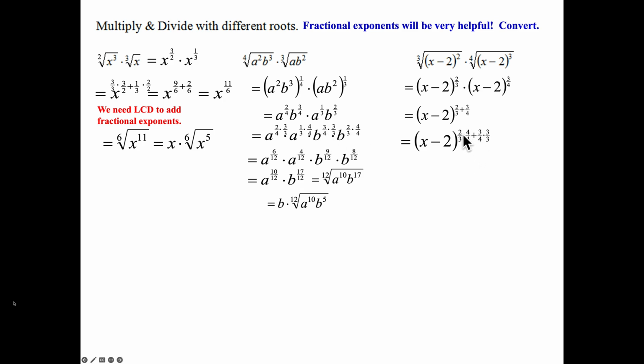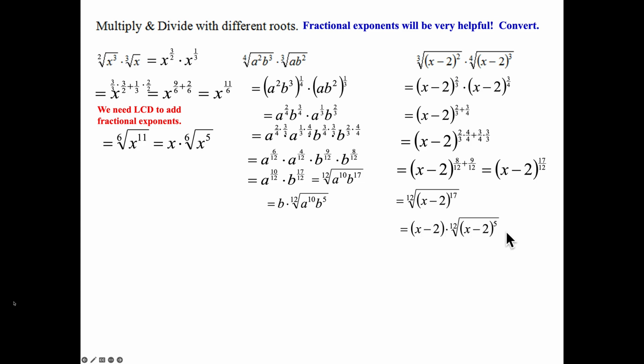We get 8/12 plus 9/12, 17/12. Converted back into the radical, the 12th root of x minus 2 to the 17th power. 12 goes into 17 once, so we'll take out x minus 2 to the 1st power, and we have x minus 2 to the 5th power left over on the inside.